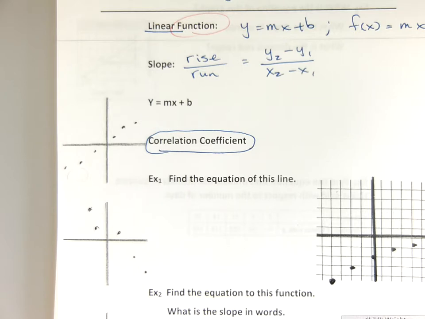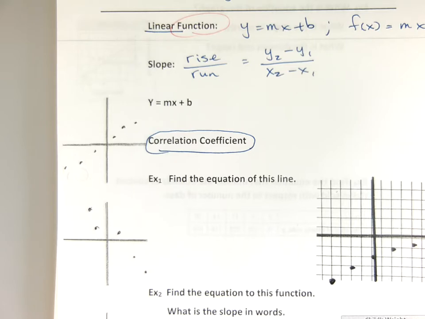But if it's a 0, what would a 0 look like as far as points? Anybody, what do you think? All over the place, right? Like somebody took a shotgun. No correlation. For example, I could say that short people have higher IQ, so if you're tall, you're dumb.